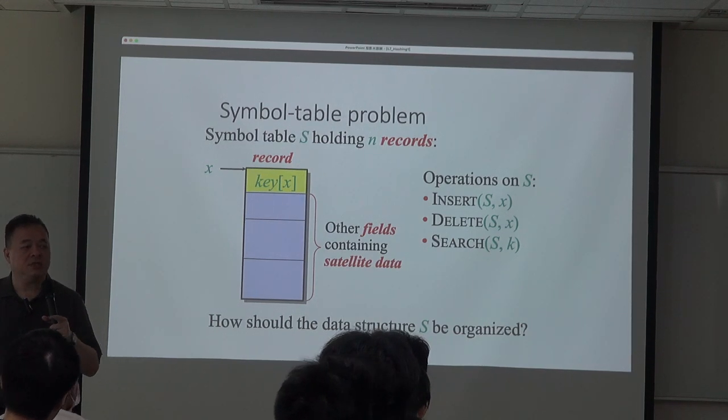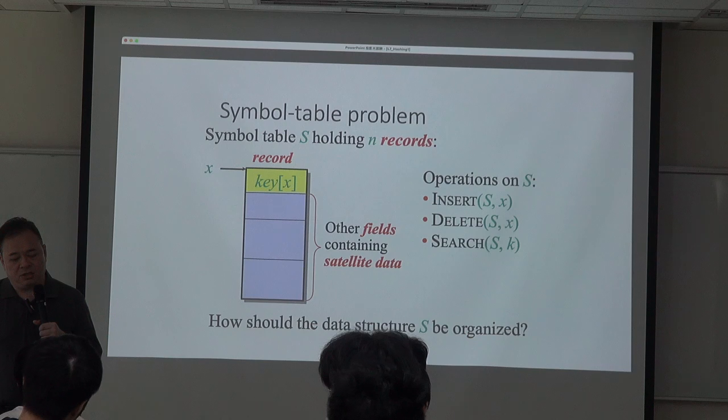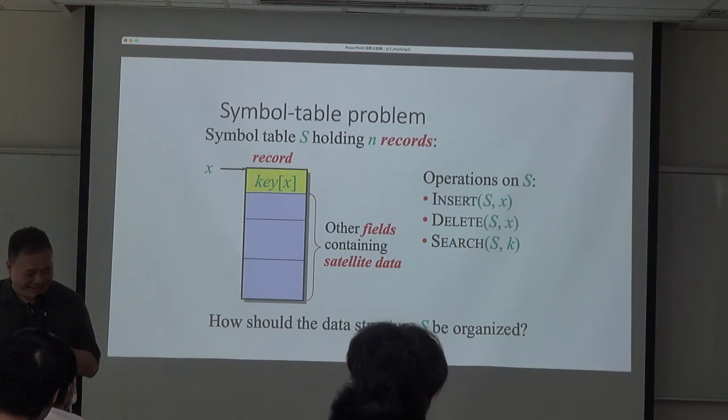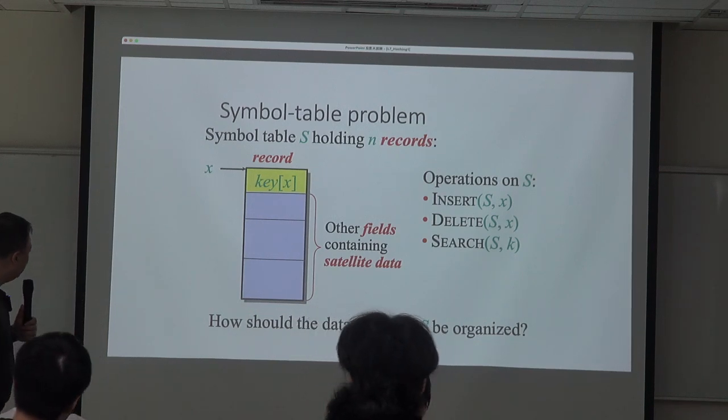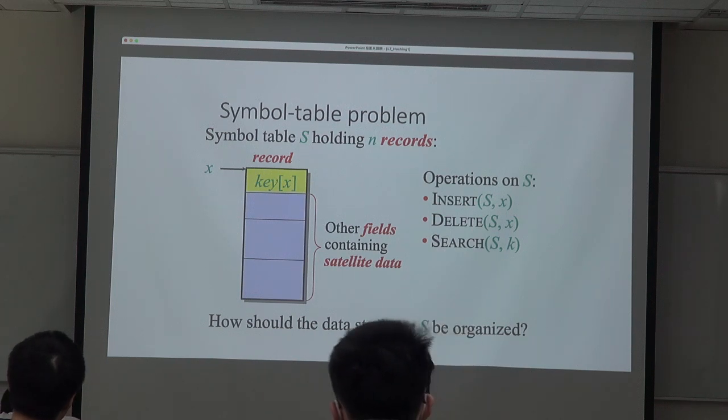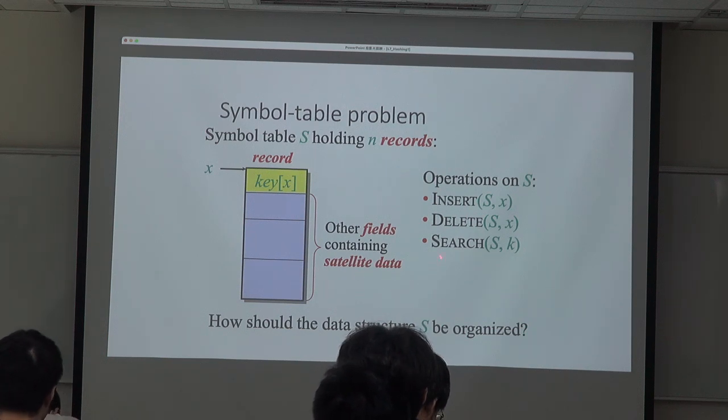You are a student, and obviously you have your name, your student ID, maybe your rank, such as junior, and maybe the number of classes that you have taken. Those will be your satellite data.